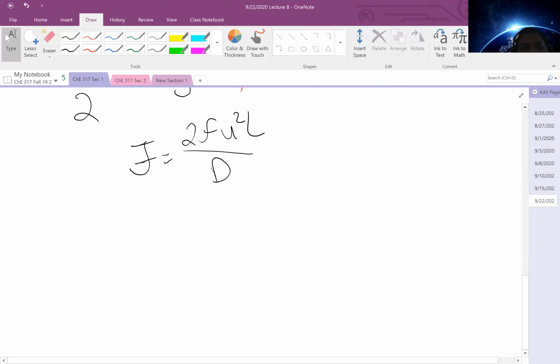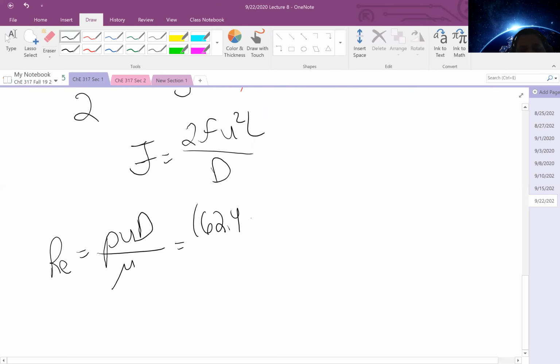Thus, what I need to do next is solve for my Reynolds number to identify if it's laminar or turbulent flow. So if I do that, the density of water is 62.4 pound mass per cubic foot. The velocity was 2.2 feet per second. The diameter was 0.48 feet.